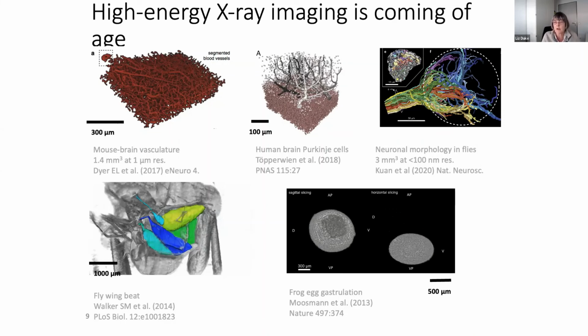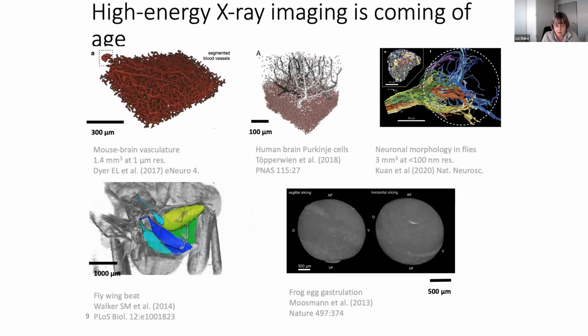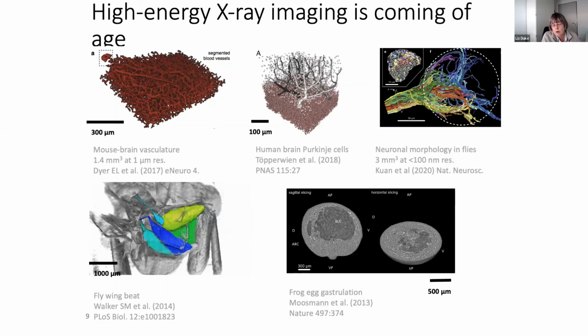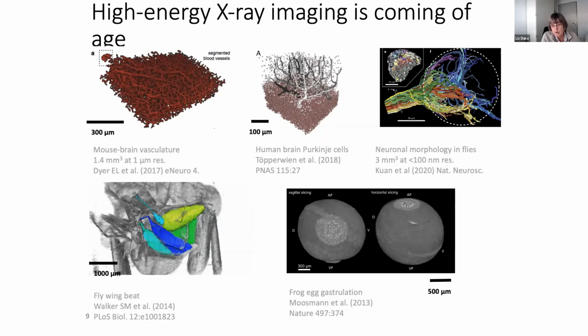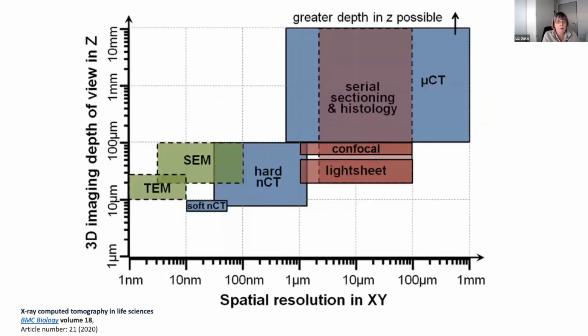And the information that's available there is quite considerable, particularly the work of Aaron Kuan in collaboration with Alexandra Pacureanu from the ESRF, correlating light microscopy, volume electron microscopy, and very high resolution X-ray microscopy techniques. It's incredibly powerful.